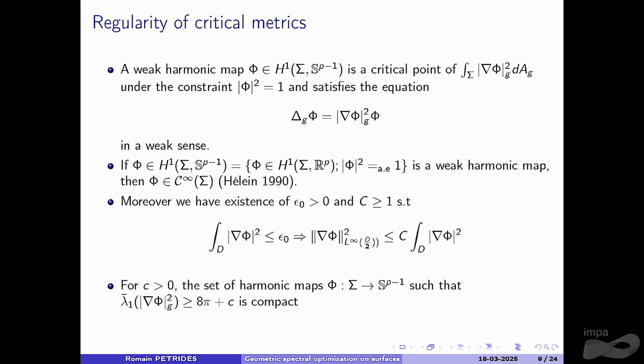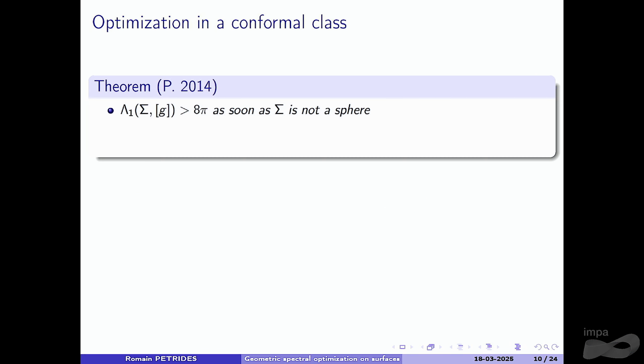You can hope for a variational method. So here, it works in this case. If you assume that the first eigenvalue is bigger than 8 pi, it's okay.